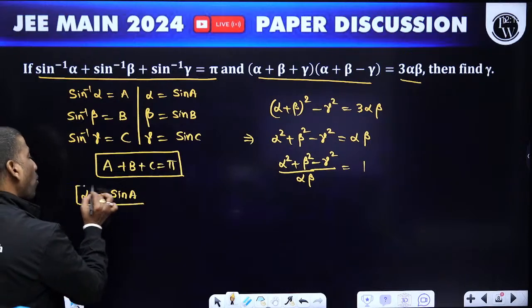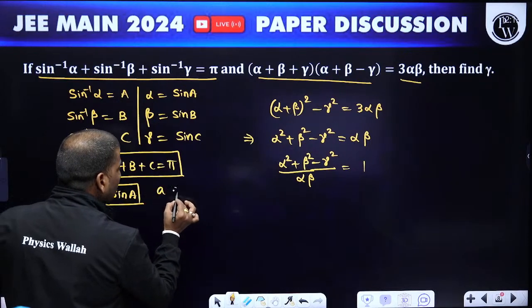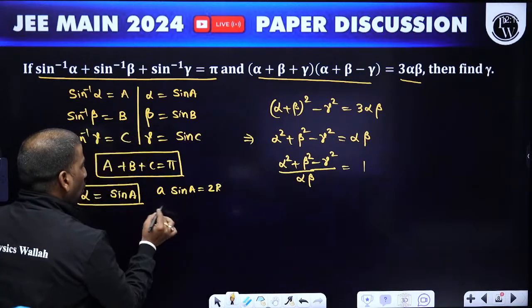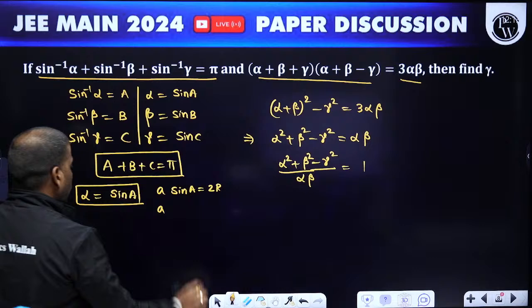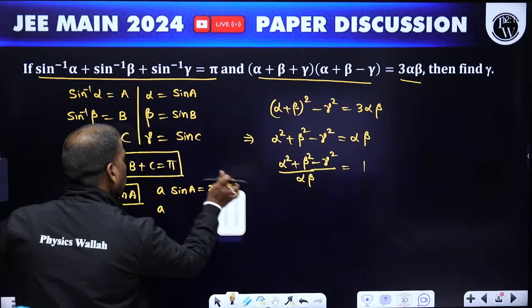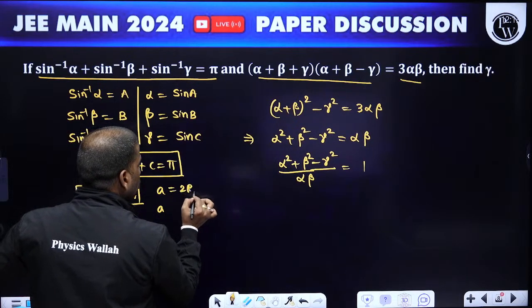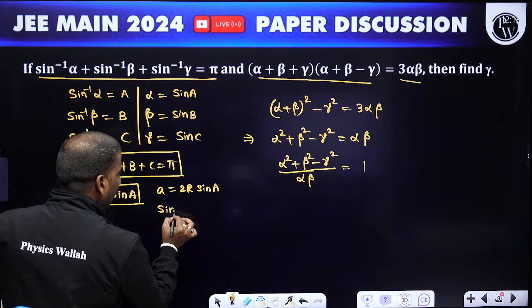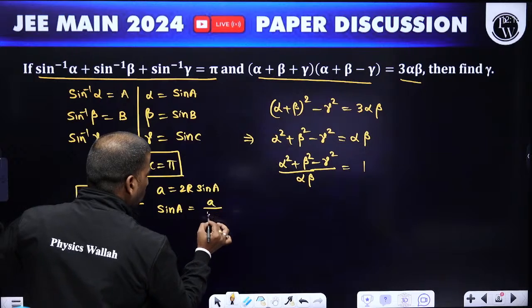Let us apply properties of triangles. As we know, a by sine A is equal to 2R, right? So a is equal to 2R sine A. That means sine A is equal to a by 2R.